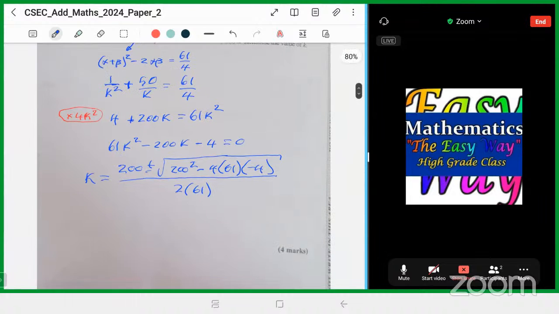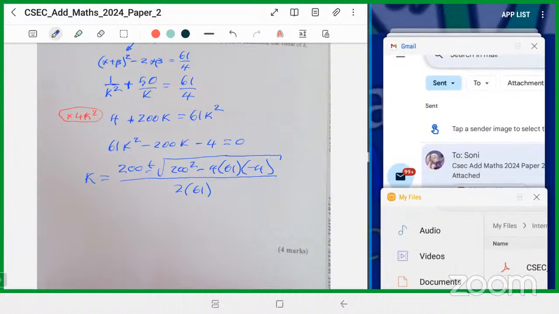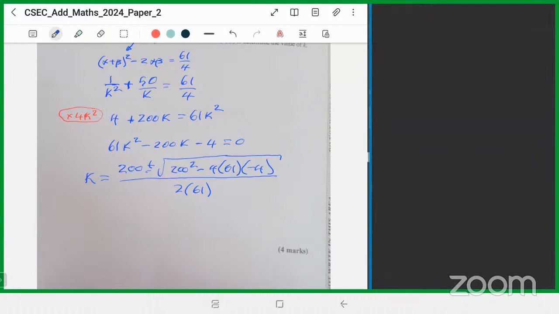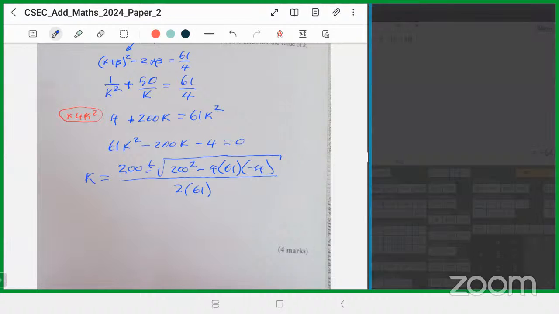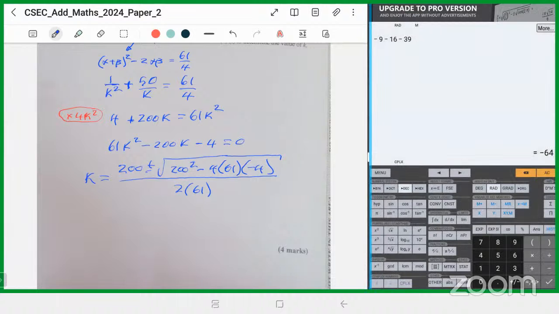Let me see what k comes out to be in this. So let me get a calculator. I'm going to drop these values in the calculator and let it do its thing.